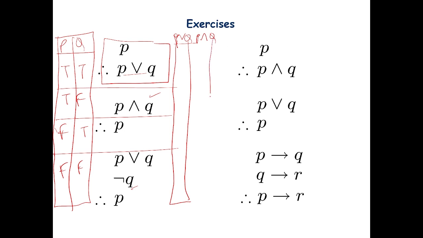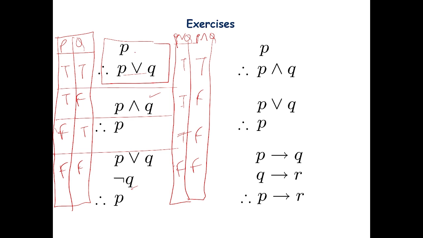No, let's just do these two first. P or Q only becomes false when both of them are false. In other cases, these are true. And P and Q is true only when both are true, and all of the others are false.